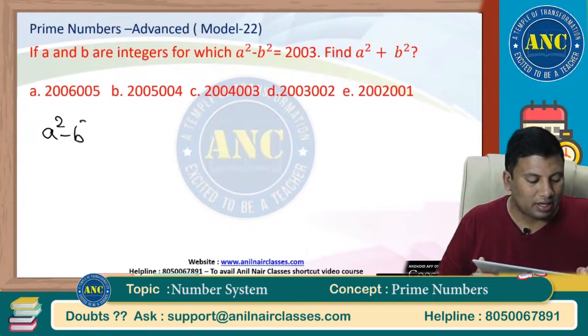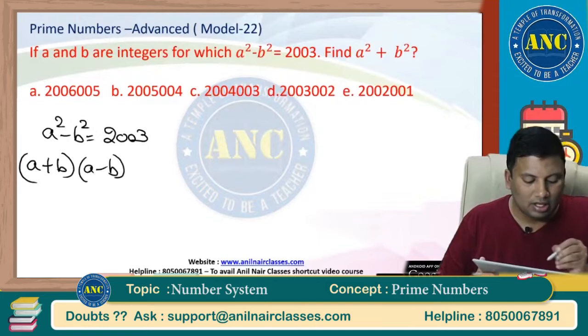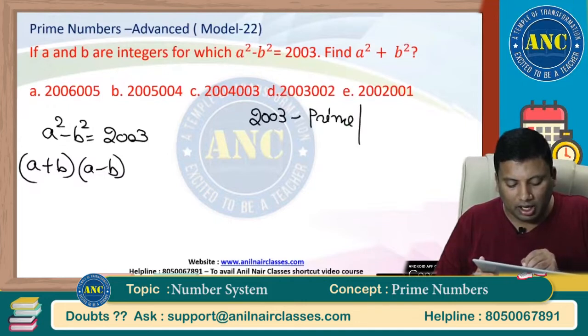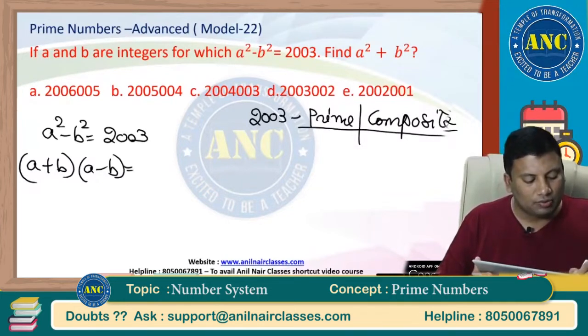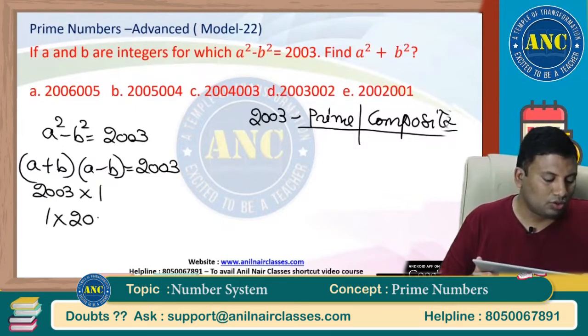Next one. A and B are integers, A square minus B square is equivalent to 2003. This is A plus B into A minus B equals 2003. First we would check whether it is prime or composite, but before checking, let us play around with the answer options. Assume that it is a prime number; there is no option like none of these. So it is 1 into 2003.